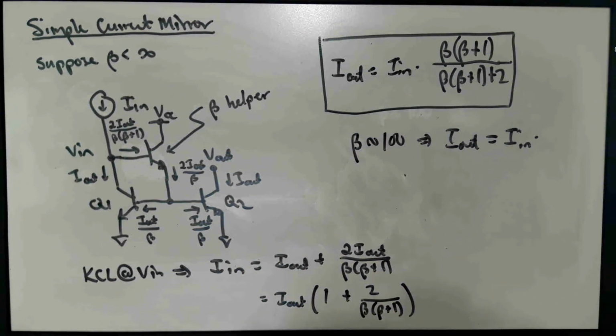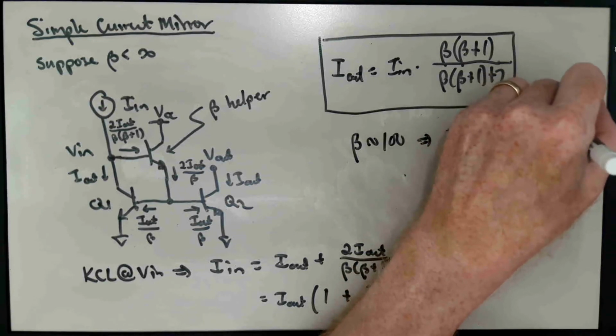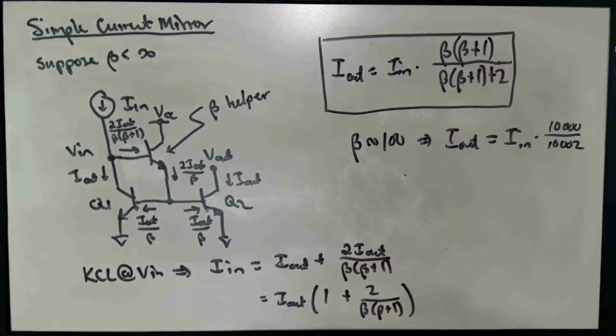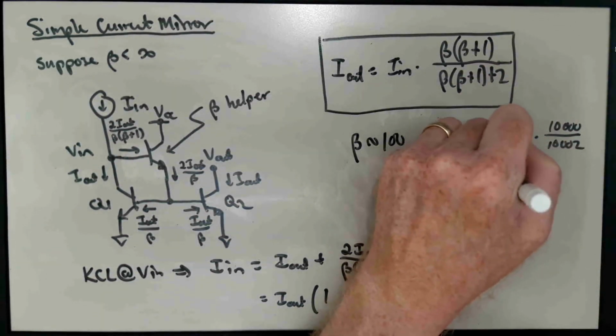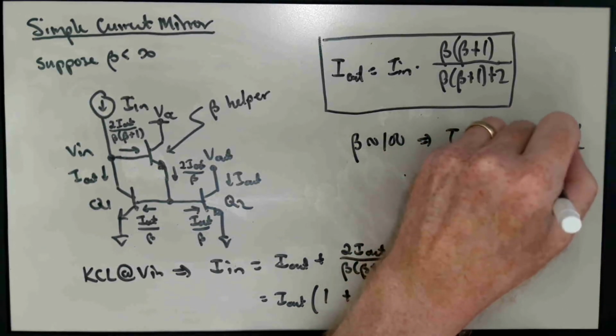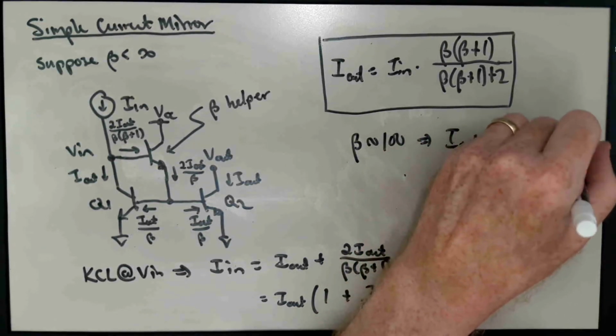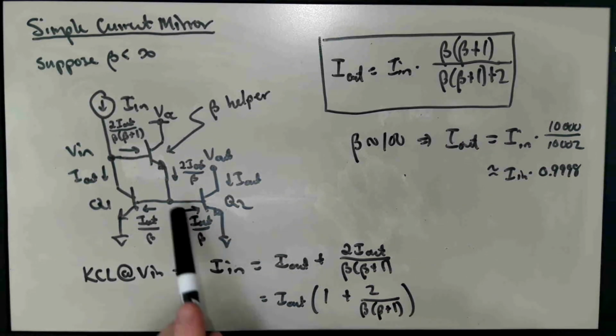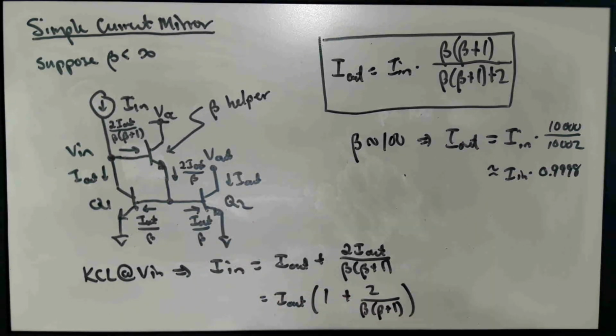So 10,000 over 10,002, which is going to be like point, something like that. So much closer to 1 than it was before. And so we could actually tolerate quite a few more output copies here than we could without the beta helper.